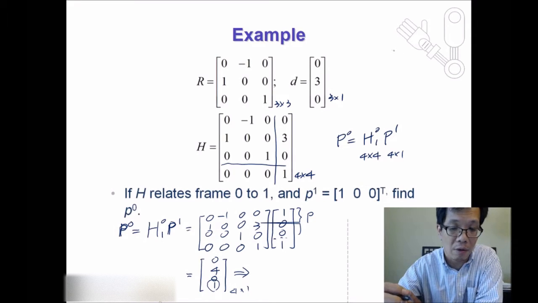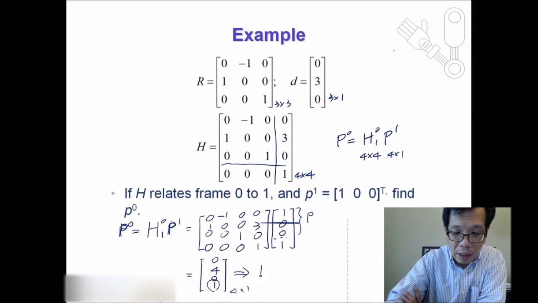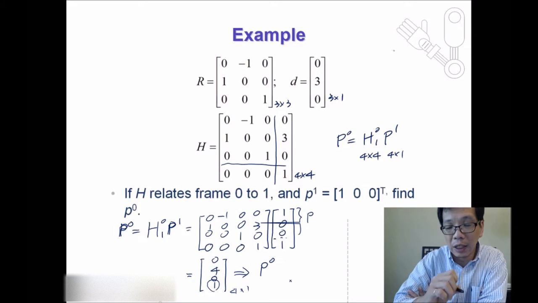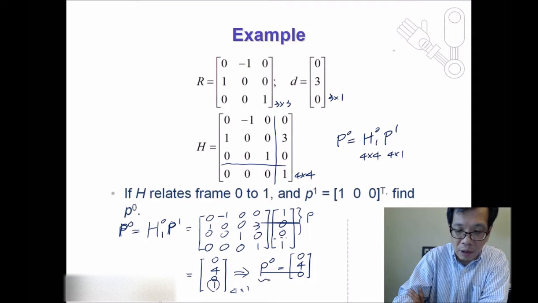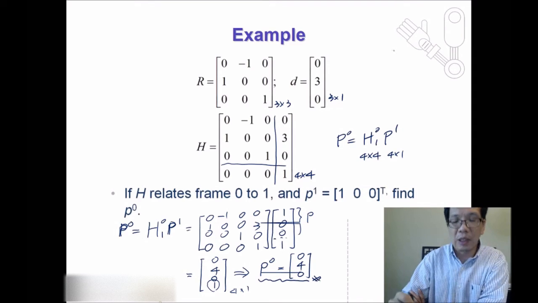You're right. So when we are saying the P0, which is measured in the zeroth frame, that should be just three components, 0, 4, and 0. This is going to be the answer.